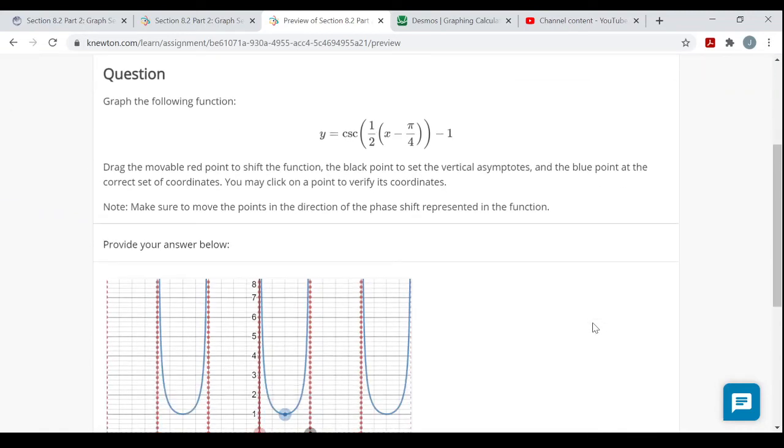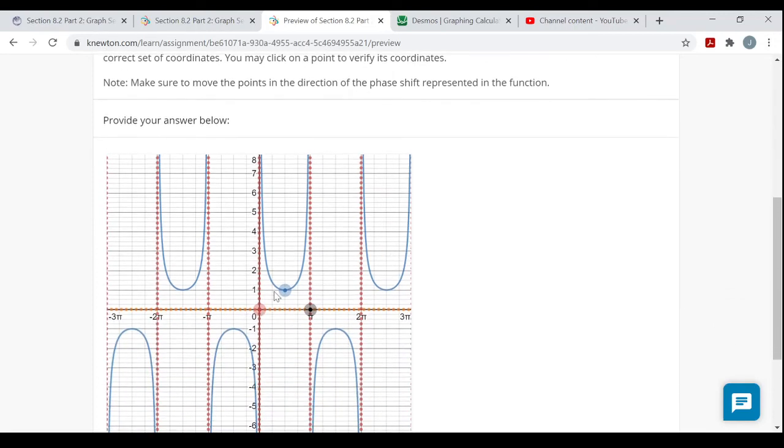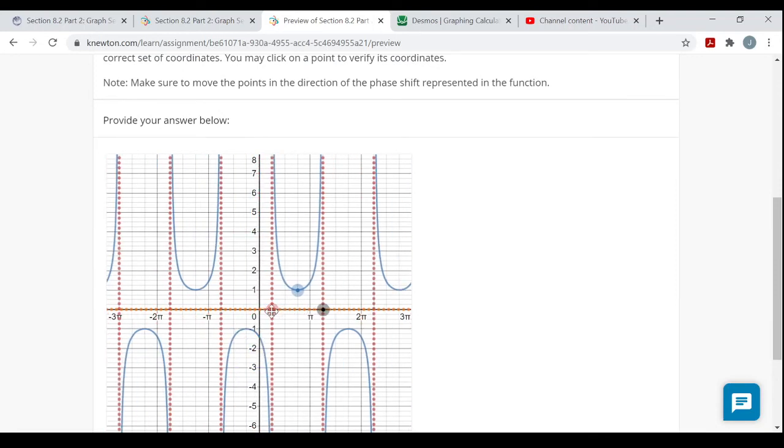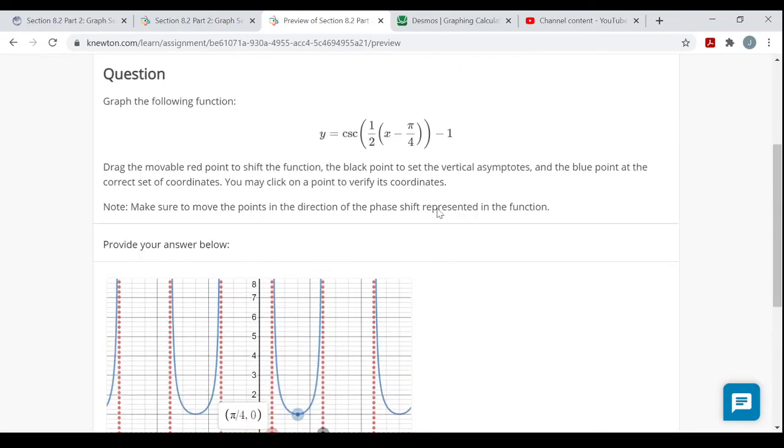Alright, so this one's graphing again. Move the point to where it would be in the shift, and the phase shift here would be at pi over 4. So I'm going to move this red dot over to positive pi over 4. Right there, that's it. Because it would be a positive pi over 4 that makes the inside 0.